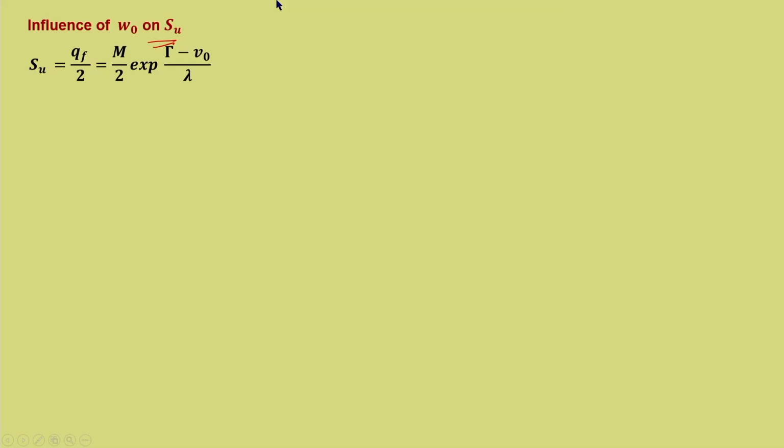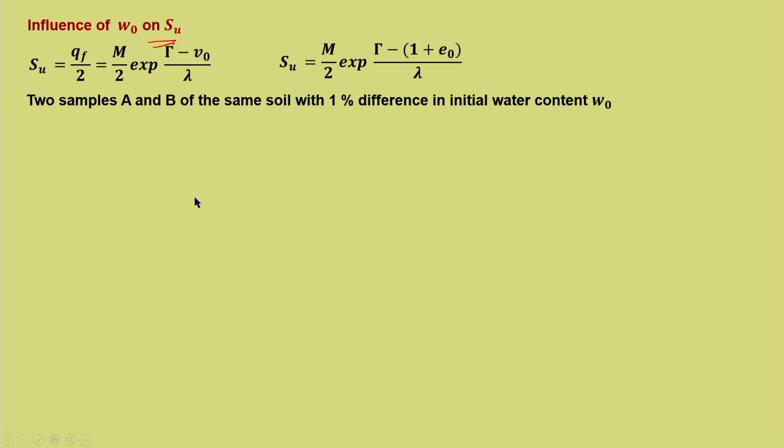Just to prove that, Su is equal to Qf by 2, which is m by 2 exp gamma minus V naught by lambda, that is, Su equals m by 2 exp gamma minus 1 plus E naught upon lambda. Let us consider two samples A and B of the same soil with 1% difference in initial water content W naught.